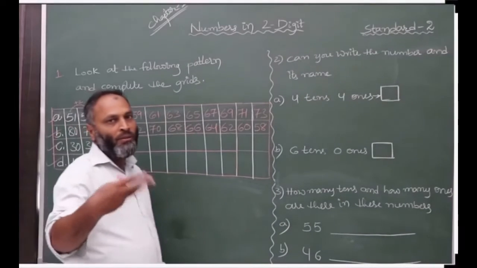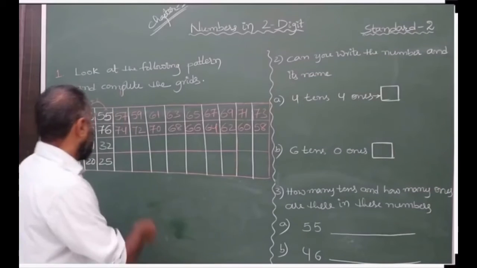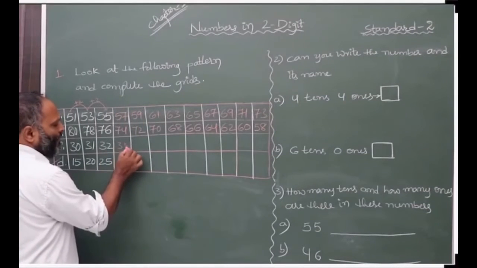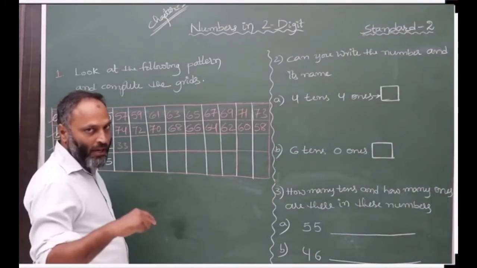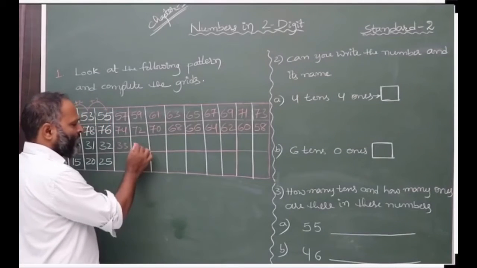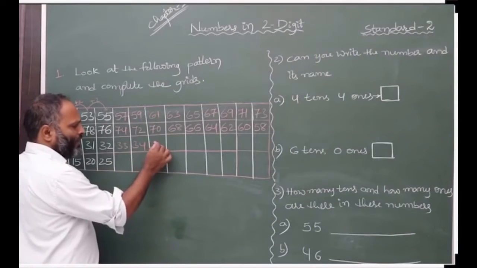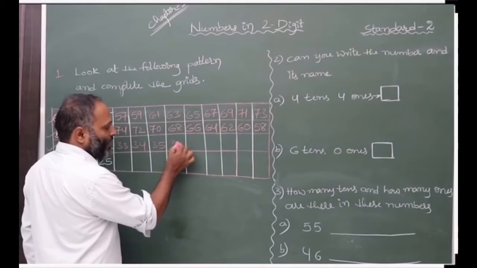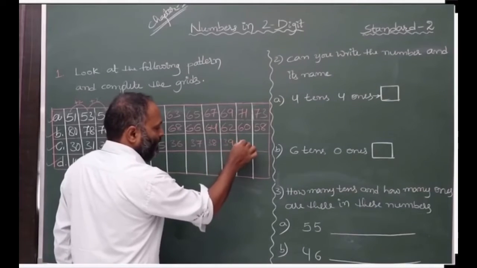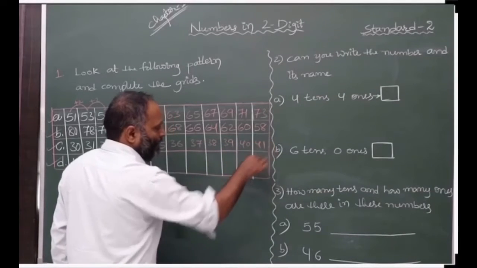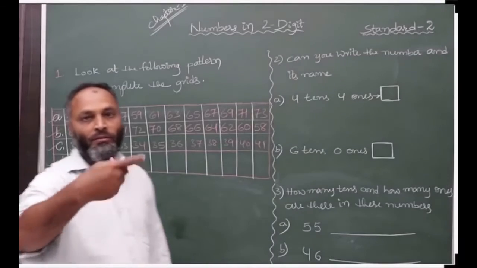So it is 1 increase. 32, 33, 1 increase means the very next number. So we have to take the very next number: 33, 34, 35, 36, 37, 38, 39, 40 and 41. In this way we have to increase by 1.